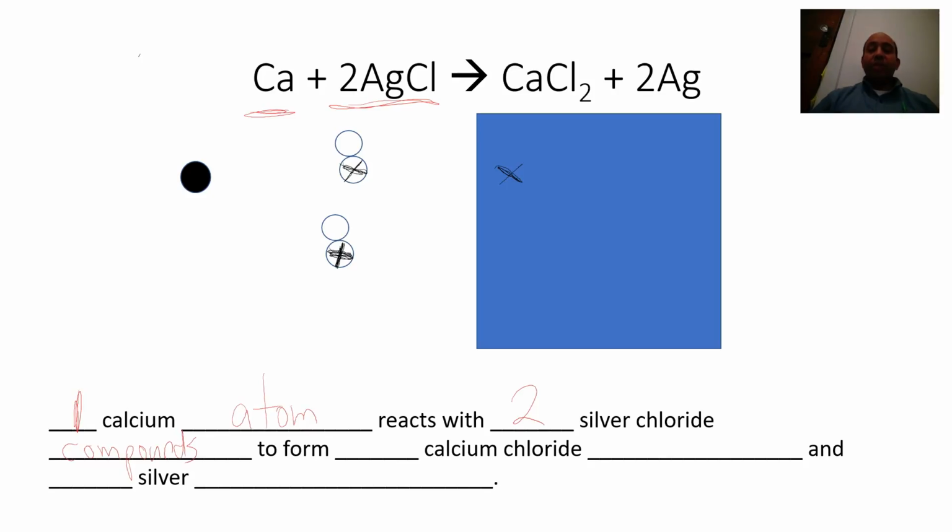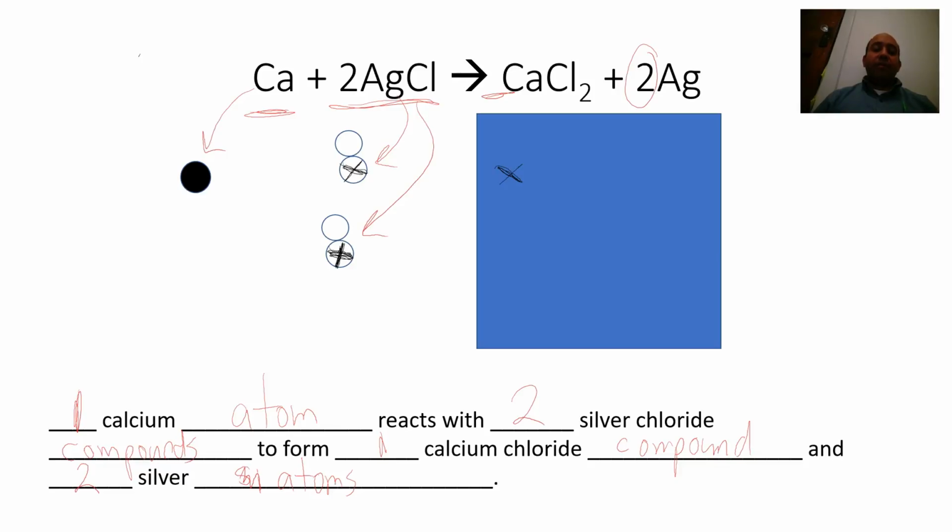To form, and we see that there's a 1 in front of the calcium chloride, so put a 1 there, and that's a compound because the atoms are different from each other. And there's a 2 in front of the Ag, so you put two silver atoms.